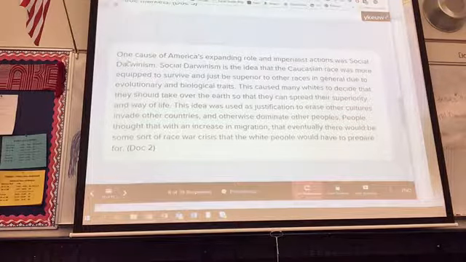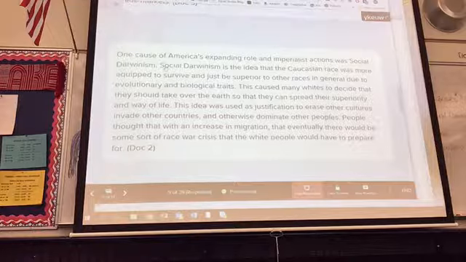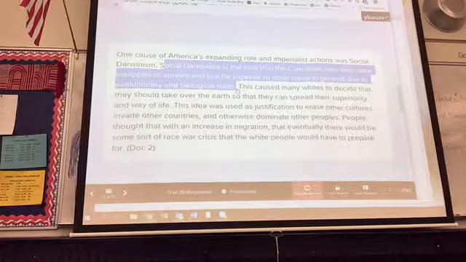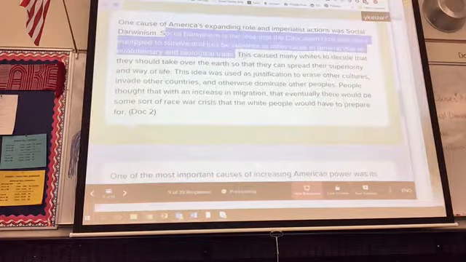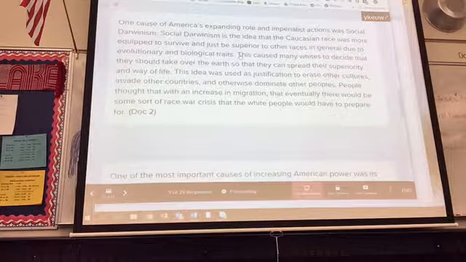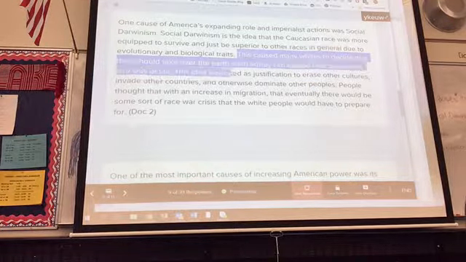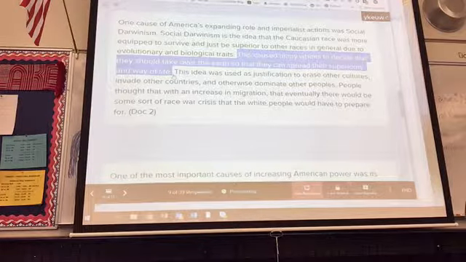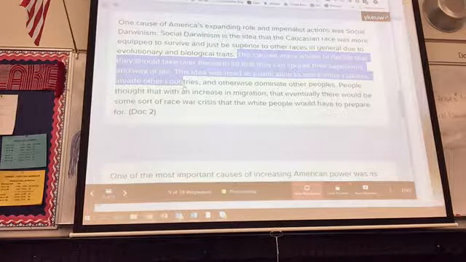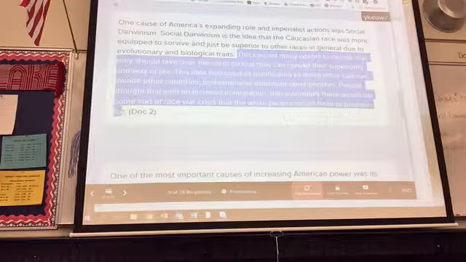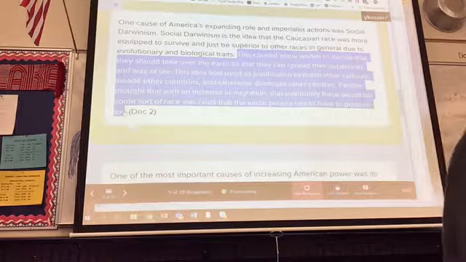So, one cause of America's expanding role was social Darwinism. Then they define it: social Darwinism is the idea of this. And then they talk about what it caused. Notice how they use the language of the question. This caused many whites to decide they should take over the earth so they could spread their superiority. It was justified. People thought it was an increase in migration.